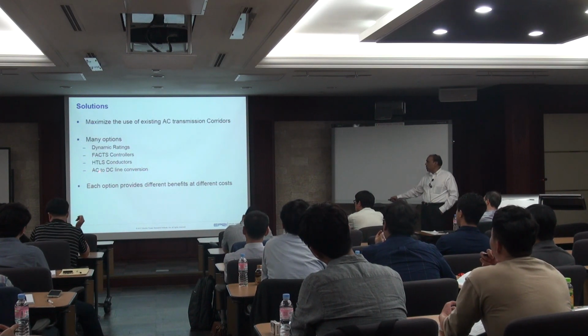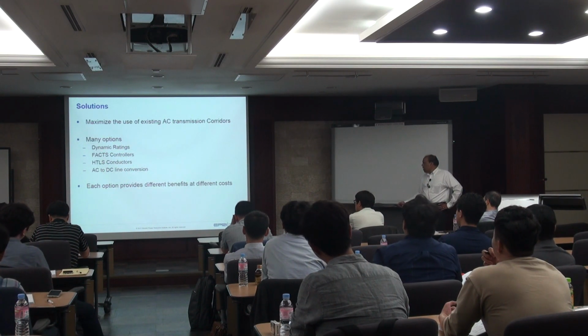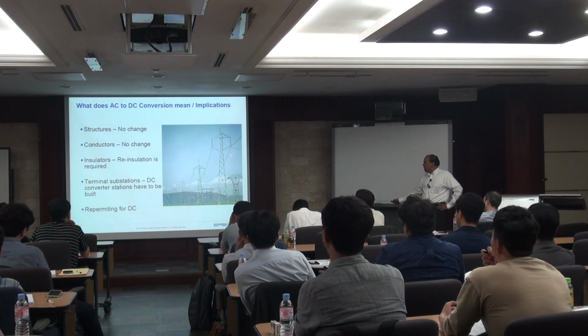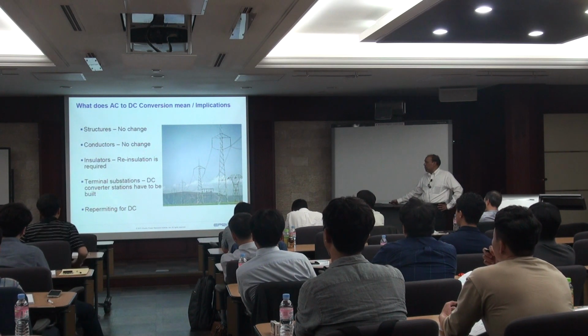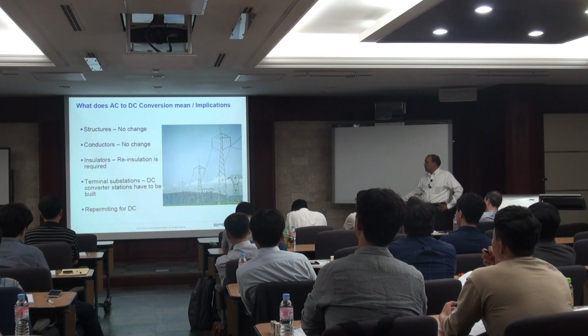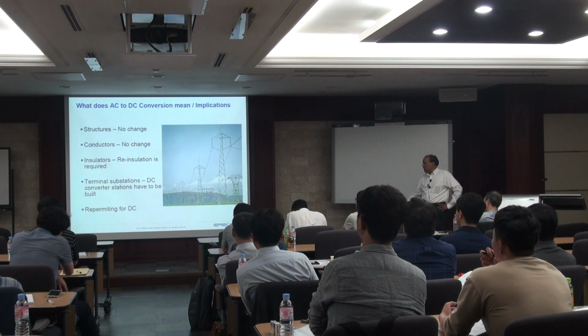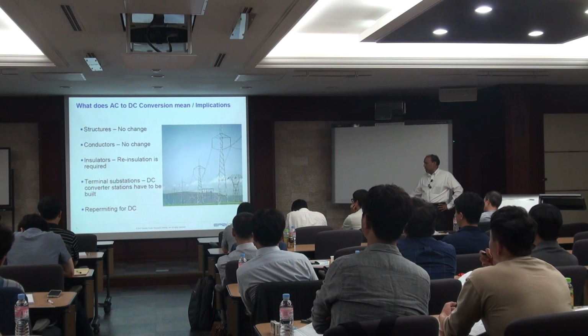So let us see what the factors are that dictate converting an AC line for DC operation. Because you have AC three conductors, this is a DC line shown here, but as I mentioned already, structures you don't change, conductors you don't change, insulators you have to change, terminal substations you have to add, and also you might have to go to the government and get a re-permit because you are operating DC at a higher voltage.